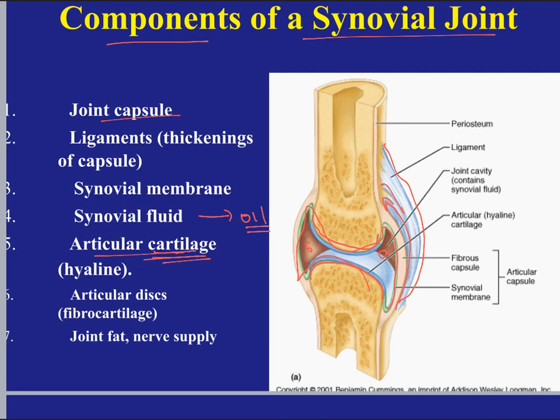We have articular discs in most joint capsules, in the knee those serve as the menisci. The goal of the fibrocartilage is to reduce joint load, to dampen the shock, to absorb some of the stressors that come across the joint. And then we have nerves and joint fat.